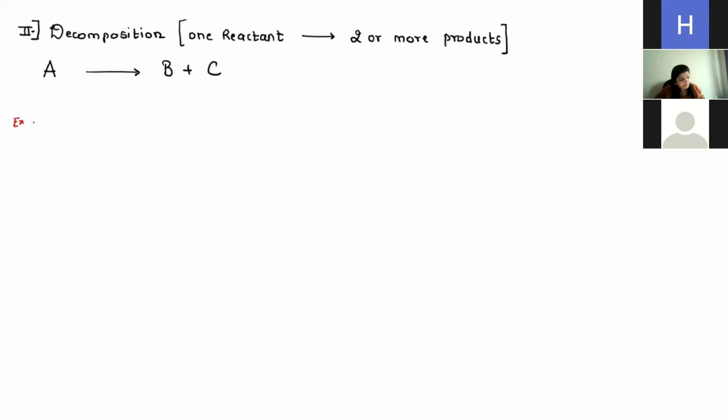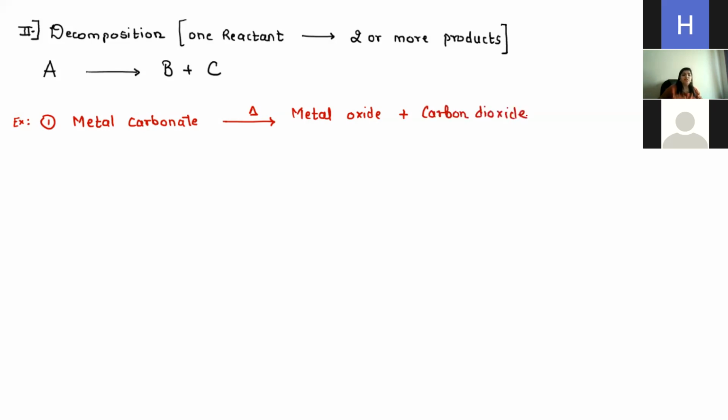Example, any metal carbonate on heating will give you metal oxide plus carbon dioxide.